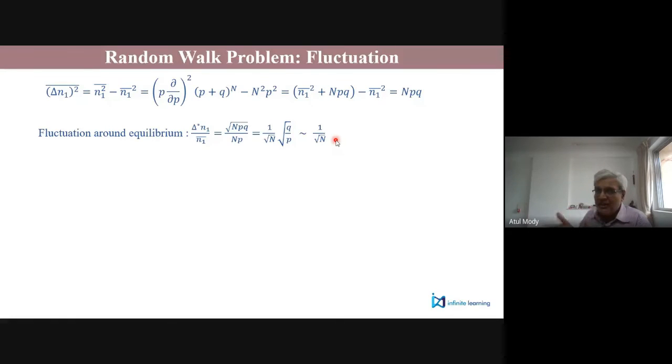Particle to be on left, probability is P. To be on right, probability is Q. Head, probability is P. Tail, probability is Q. Forward step by a drunkard, probability is P. Backward step, probability is Q. They are all equivalent cases. P plus Q in all these three is 1. And therefore, the same calculation applies to all of them.